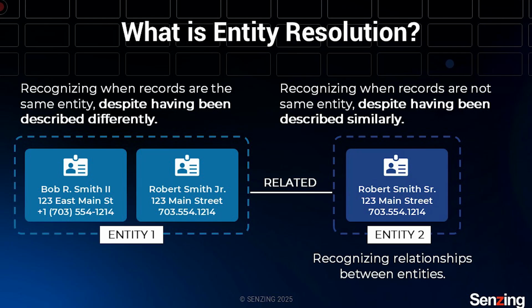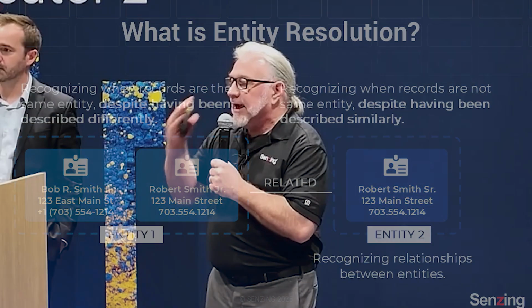So here, there's Bob Smith Jr. and then Bob Smith Sr. And you need to be able to distinguish those two. The other important thing that entity resolution does is to tell you about the relationships between the entities. And that's very important when you go to be working with graph technologies doing link analysis.